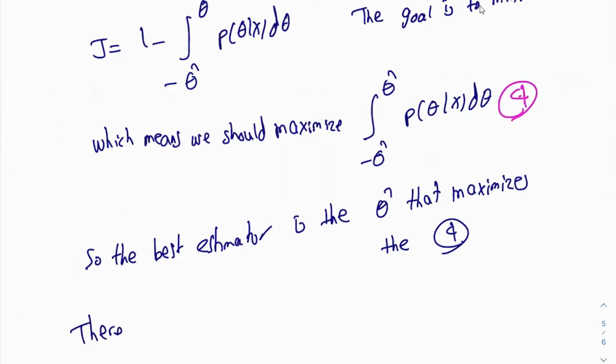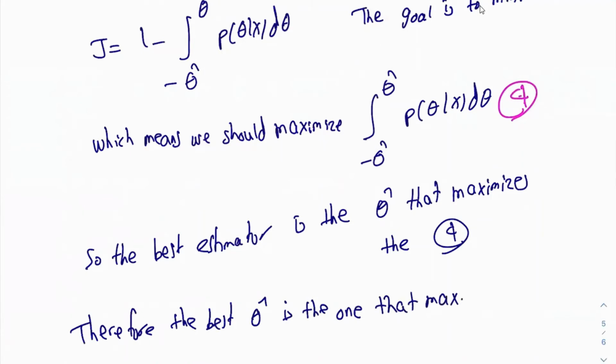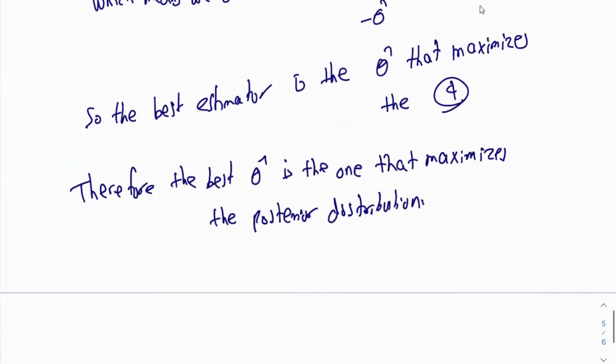Therefore, the best estimator for theta hat is the one that maximizes the posterior distribution, or we are looking for the mode of the posterior distribution.